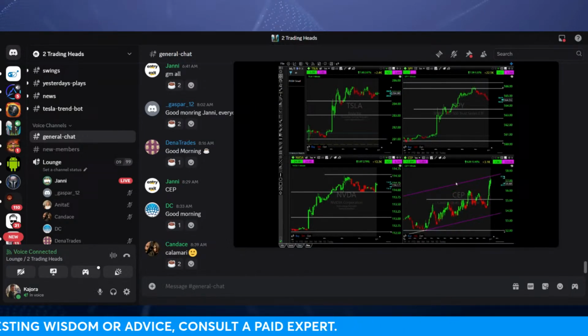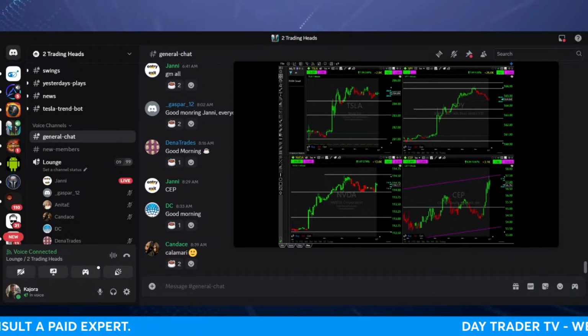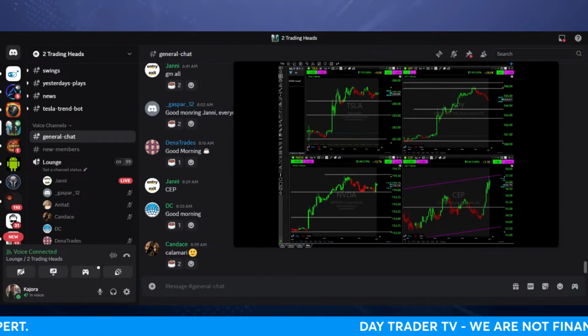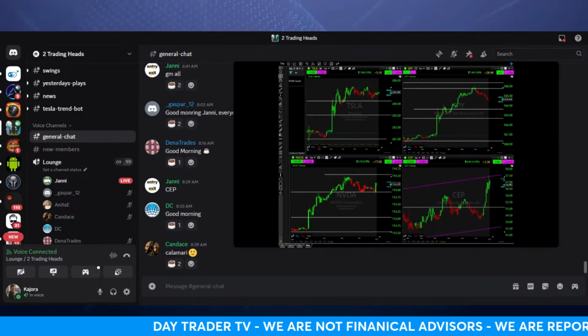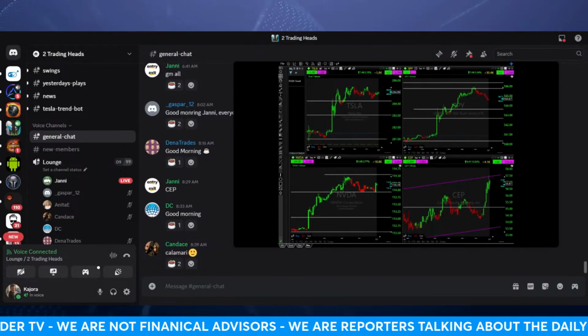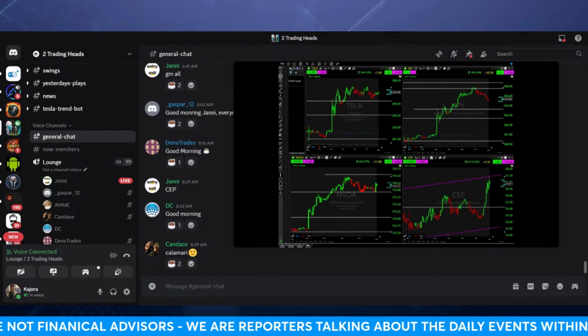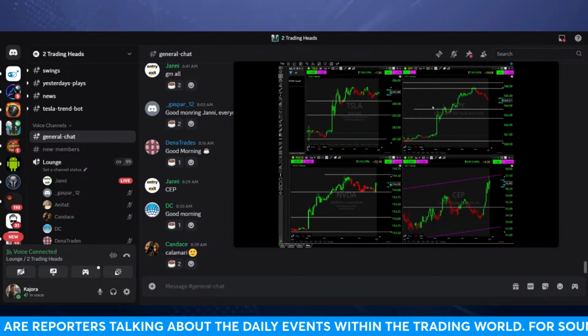CEP coming up to resistance here. Beautiful push on MSTR. ARM is trying to push as well. Spreads are wide.